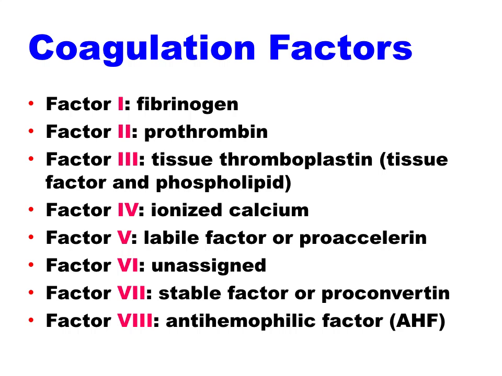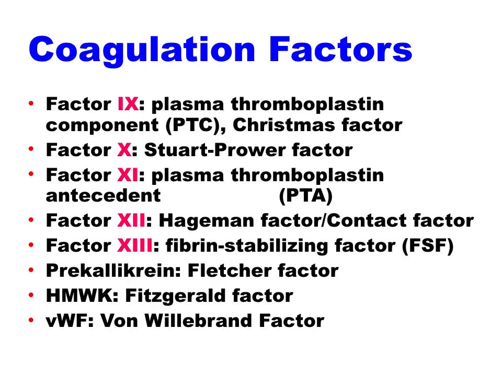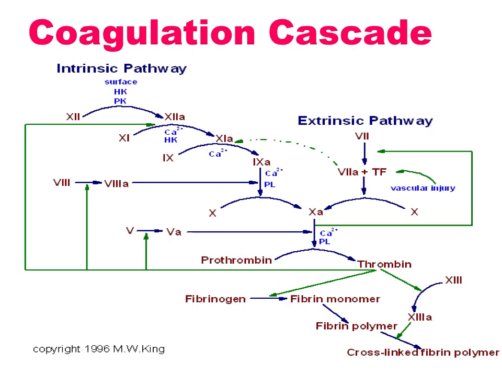So listed here are the different coagulation factors. We have a lot of them. This is an additional list of coagulation factors which are distributed in the coagulation cascade pathways.